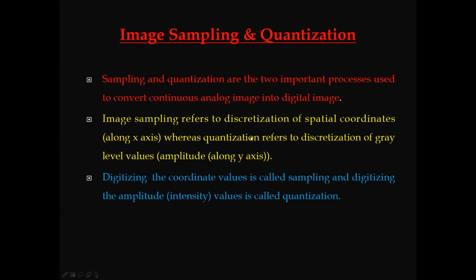Similarly, in the case of images, discretization of spatial coordinates is sampling, whereas discretization of gray level values is called quantization. Digitizing the coordinate values is sampling, and digitizing the amplitude, that is intensity values, is quantization.